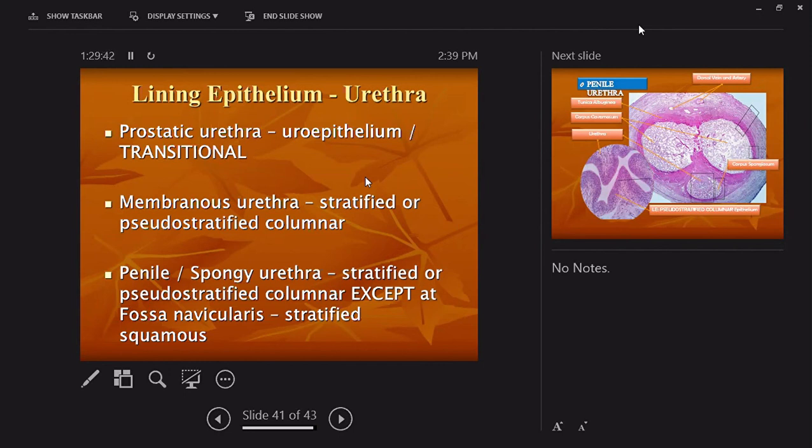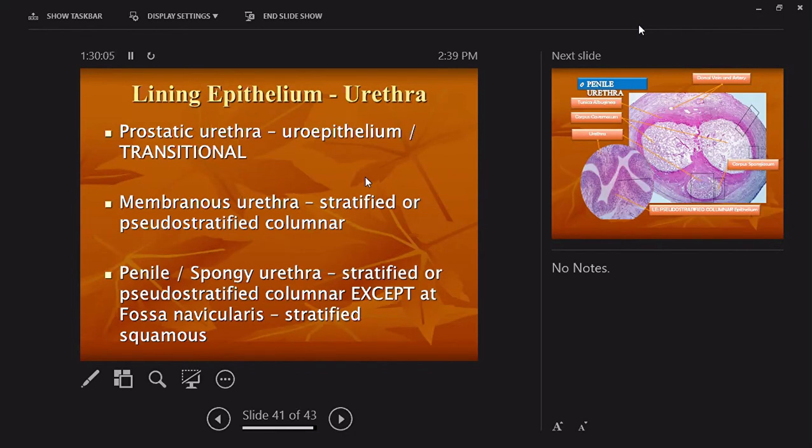In the fossa navicularis, the lining epithelium is stratified squamous. So don't forget that. Penile urethra or spongy, stratified or pseudo-stratified columnar, except at fossa navicularis, where it is stratified squamous.